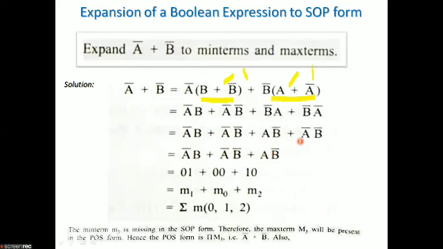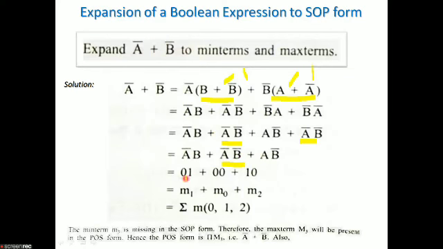Why have we excluded this one? Because it occurs 2 times, so we can write it 1 time. This we also saw in the previous slide: if 2 A bar B bar terms are present, we can ignore 1 and write A bar B bar. So we have written A bar B plus A bar B bar plus A B bar.